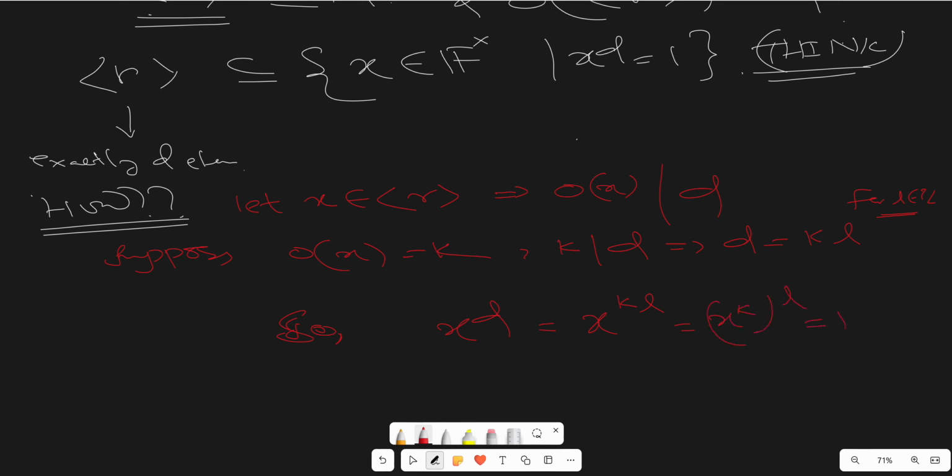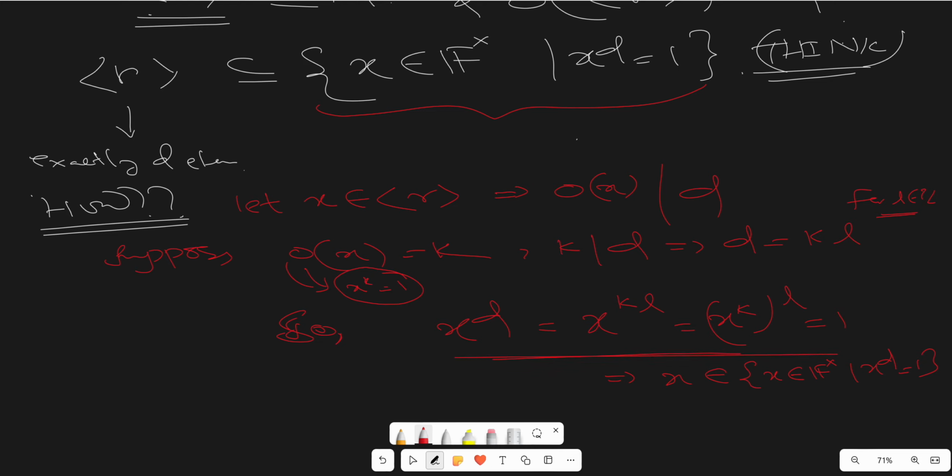This equals 1, because the order of x is k, which implies x to the power k is the identity. So this implies that x is inside the set of all x inside F star such that x to the power d is 1.